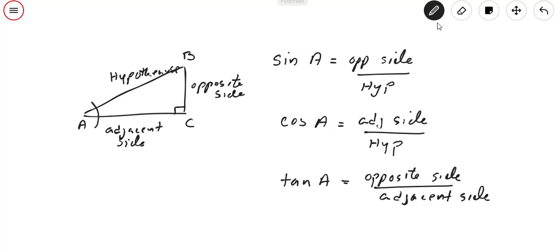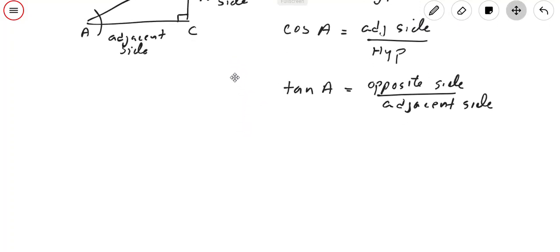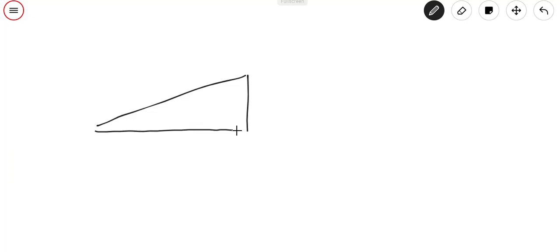So for example, if I want to find the angle A, let me say that I know that this side here is 2 meters, and I know this side is 5 meters.